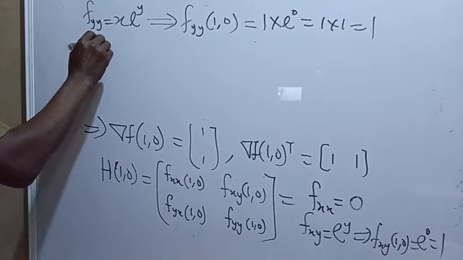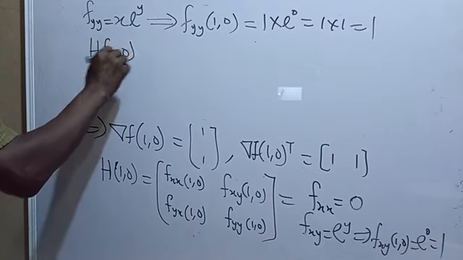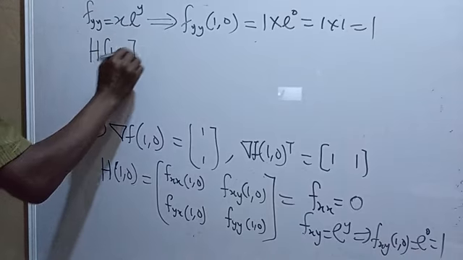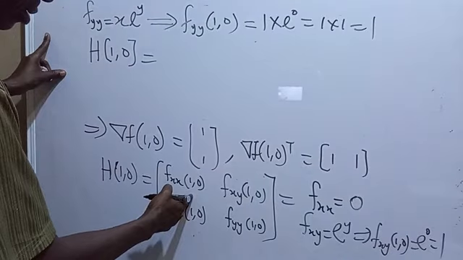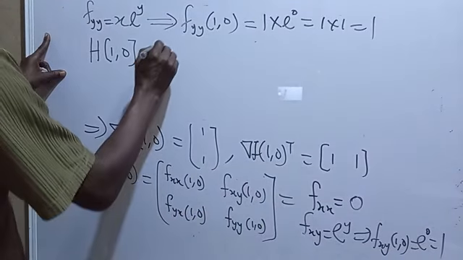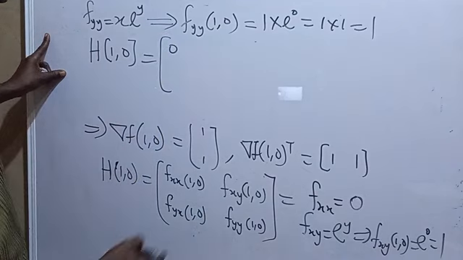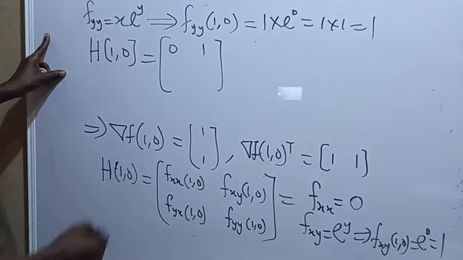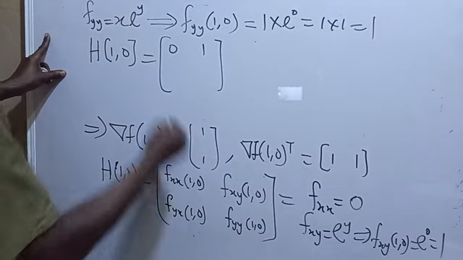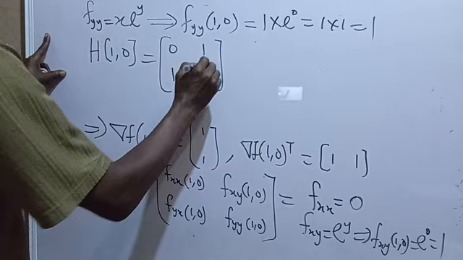Hessian matrix, H around 1, 0 will now be fxx at 1, 0, fxy, we got 1. Then fyx is same thing as fxy, I think 1. And this is also 1.